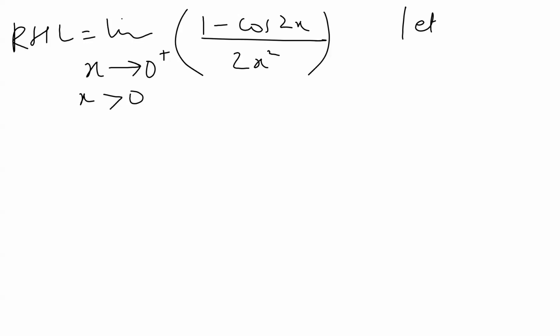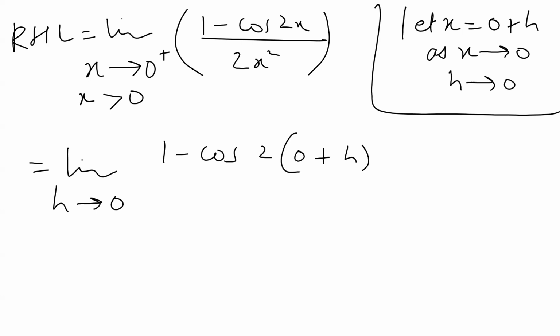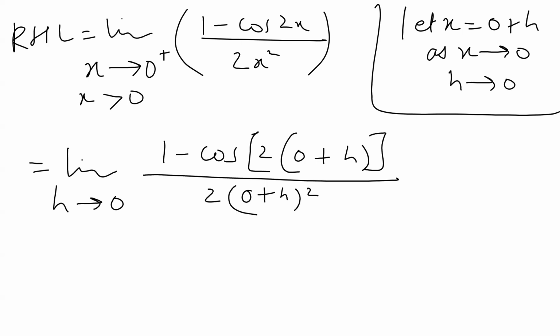Let x equal to 0 plus h. As x approaches 0, h will also approach 0. So limit h approaching 0, 1 minus cos 2 into (0 plus h) upon 2 into (0 plus h) the whole square. Fine.